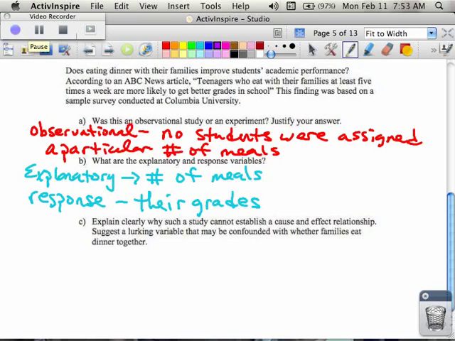Why is this study not able to establish a cause and effect relationship? For example, is there a lurking variable that might be confounding? So the reason it might not be able to establish cause and effect is there may be a lurking variable.